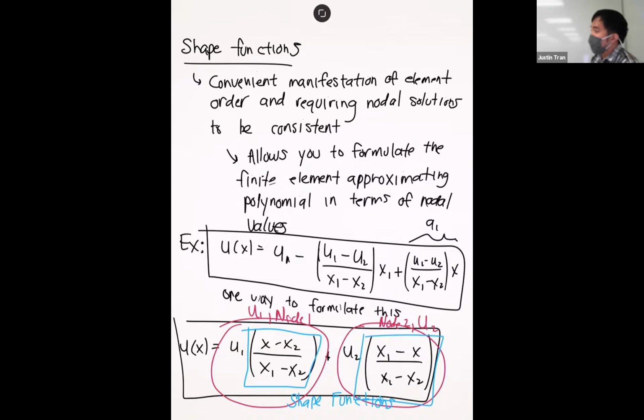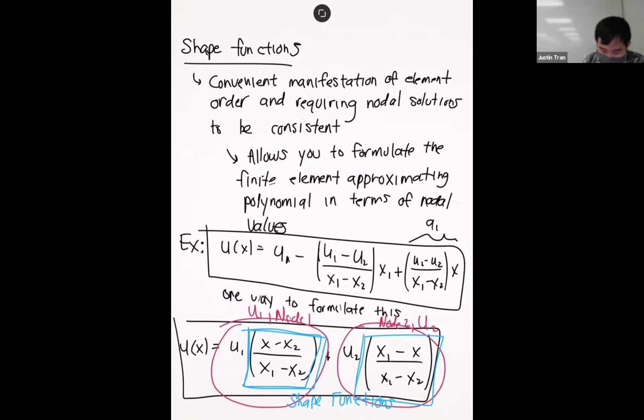So there's one shape function per node, okay. And the polynomial order of these shape functions matches the polynomial order of your element, right? Because if you took what I've boxed in blue as a standalone polynomial, you'll see that that is a linear function. So just like our linear element, right?